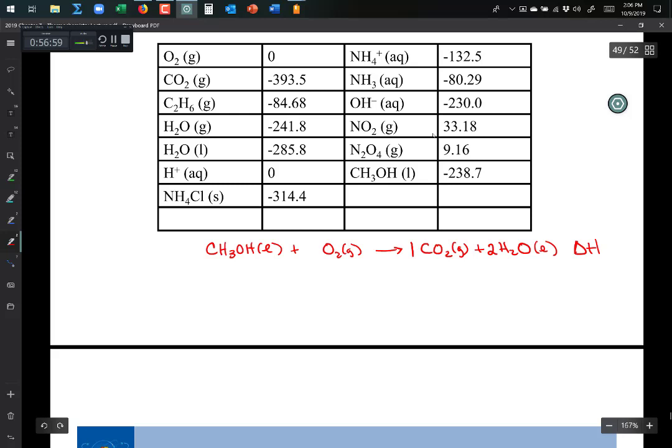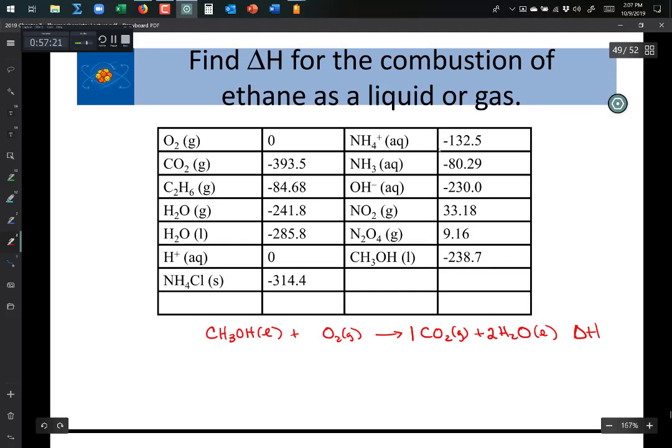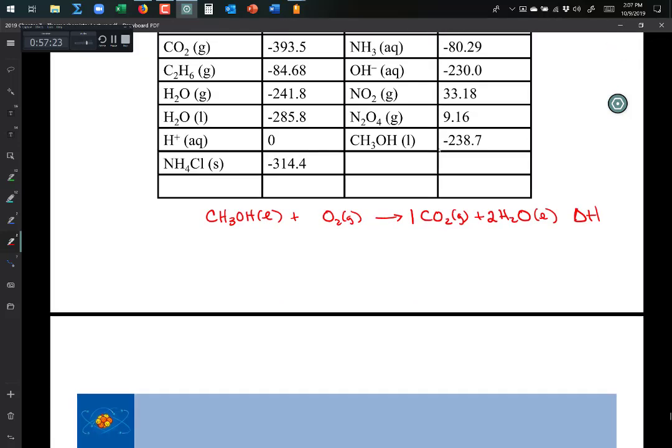And then I got to count up my oxygens. I have 4 on the right, right? And I have already 1 on the left. So what I need is, just to make this fun, this is a total of 4.